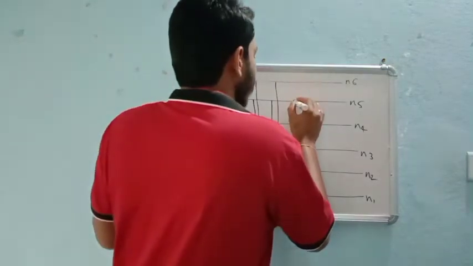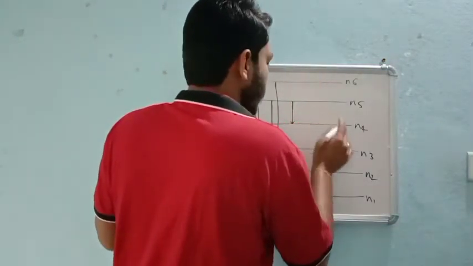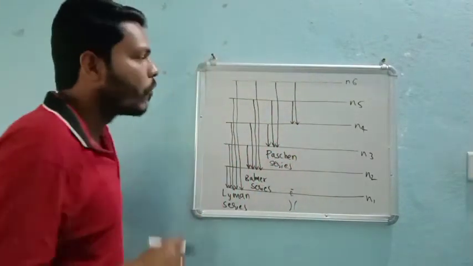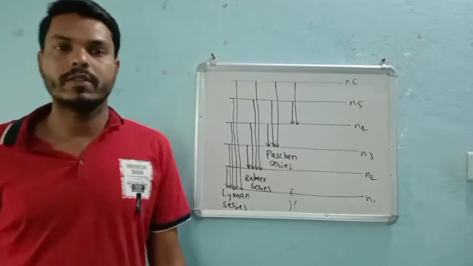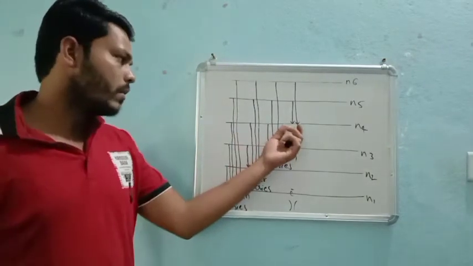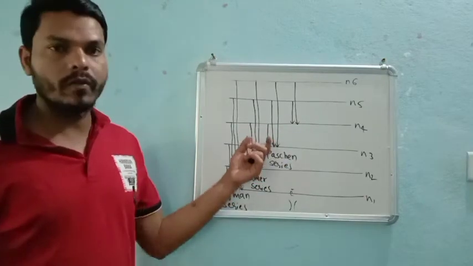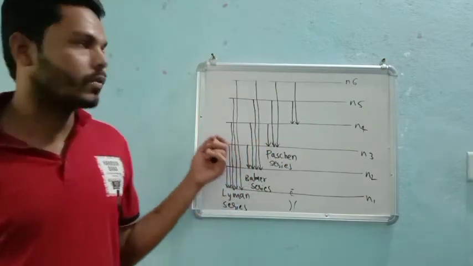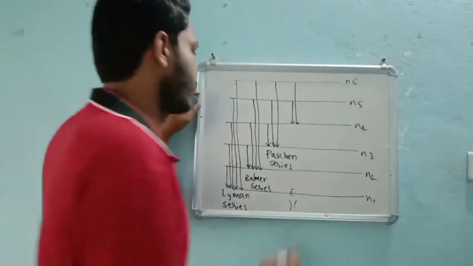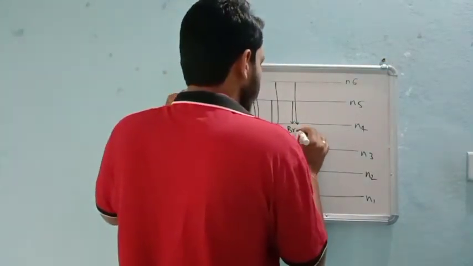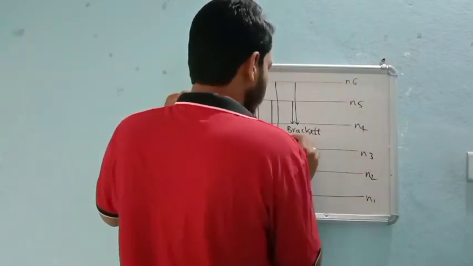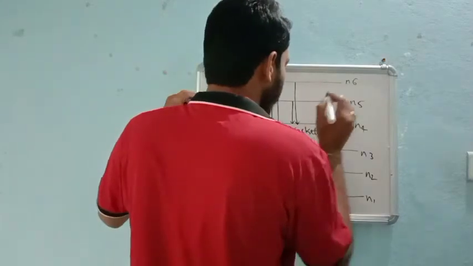What he suggested is, the ground state energy of the electron is the fourth level, or else n is equal to fourth is the ground state of the electron of hydrogen, right? And whose name is Brackett series. Brackett, and n is equal to fourth level is the Brackett series, and these are very important, right?